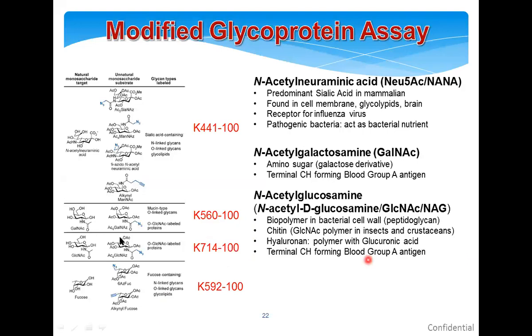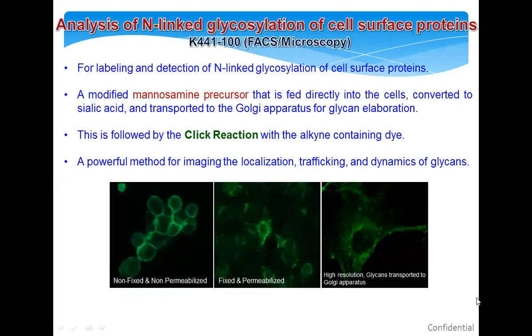So as you can see, we are using all these analogs and they are readily cell permeable. You just add them to the cells and let the reaction happen. For K441, which is for sialic acid, we use the modified mannosamine precursor.